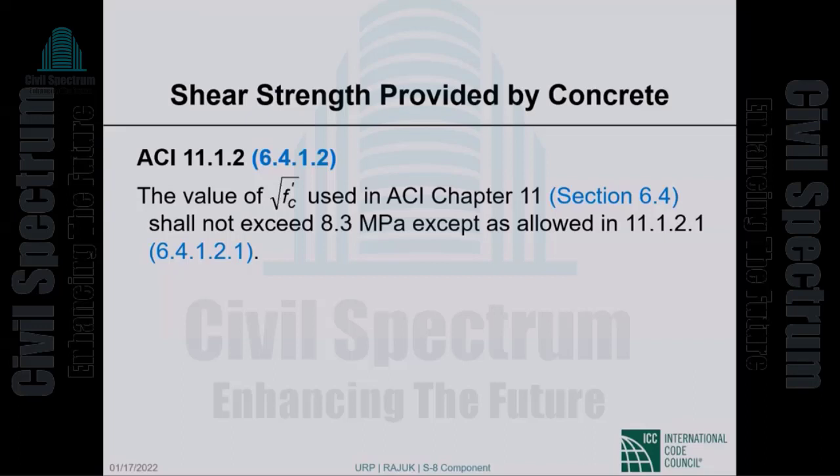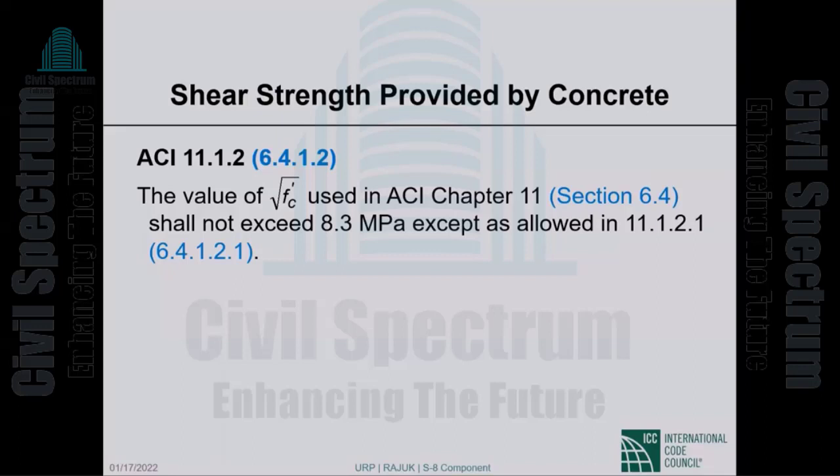But then we went on to say, if you want to take advantage of the shear contribution of the additional 5,000 psi of concrete strength, you will have to provide more than minimum shear reinforcement. Okay? If you do, then you can take full credit. How much more shear reinforcement, that will be coming up on subsequent slides.